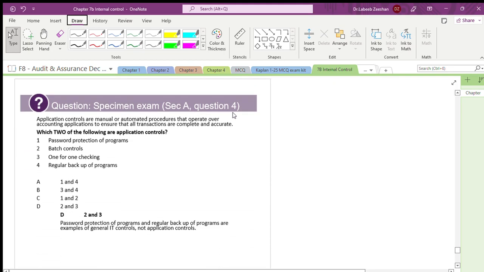What they say is that application controls are manual or automated. Application controls operate over an accounting application. Application controls are operated on financial data or financial statements.